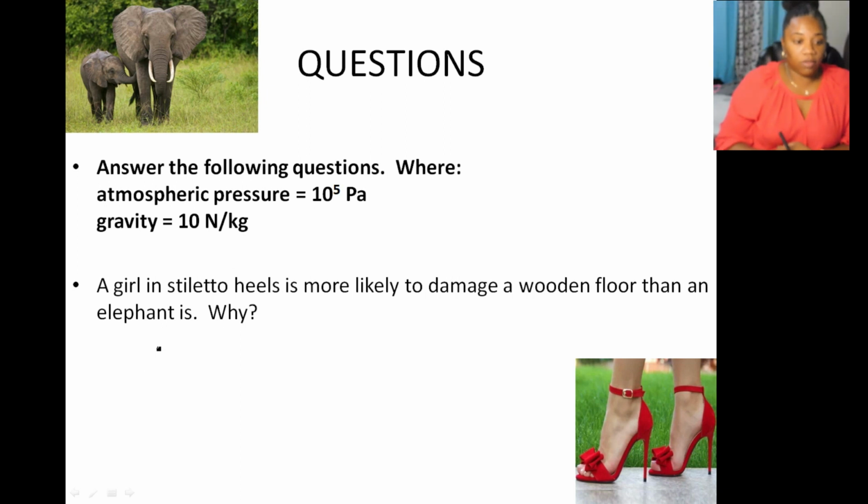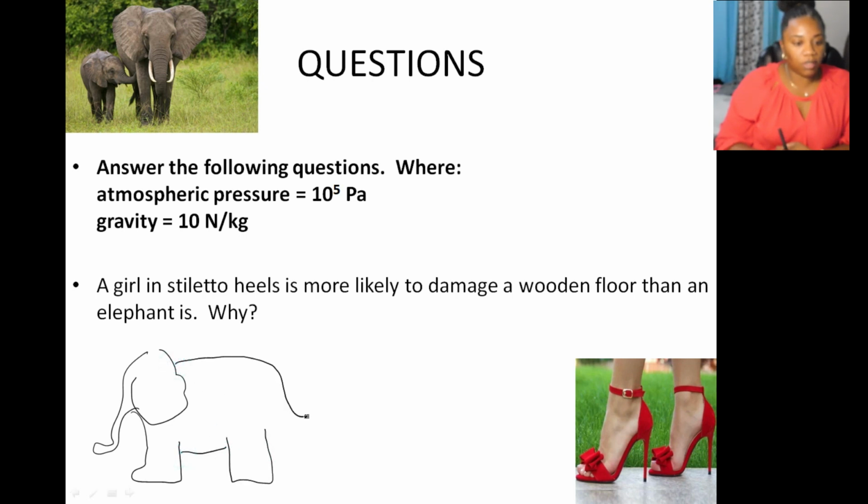Well, an elephant has very broad feet. It might be heavy, but its weight is properly distributed across its very broad feet. And so, because of this, pressure will be much less if the force is large but the area is large.